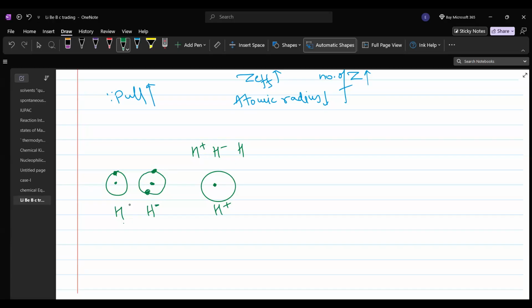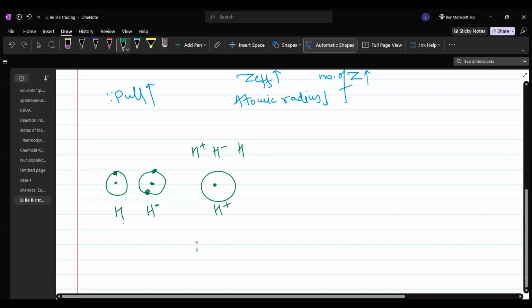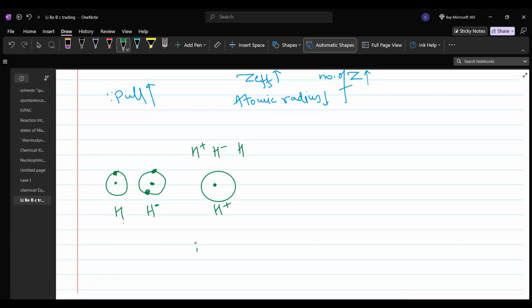So what is your answer? At least tell me which is bigger, or which is biggest, or which is smallest. Just anyone, anything. The smallest will be H plus.